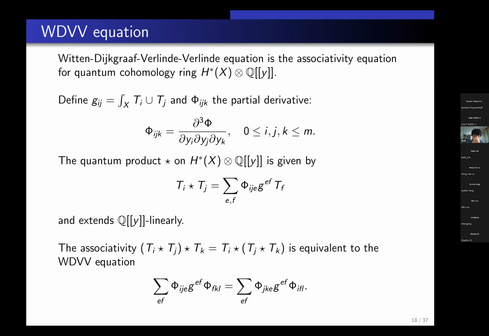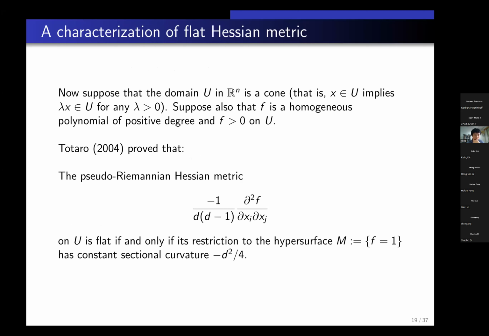And this is a characterization of the Hessian metric. It uses the WDVV equation, and Totaro proved that this Hessian metric in the domain U is flat if and only if its restriction to the hypersurface, which is one dimension smaller, so n minus 1 dimensional, has constant sectional curvature. I think this is interesting.